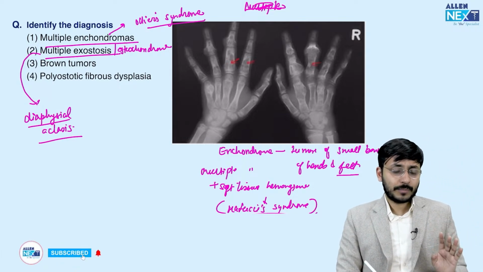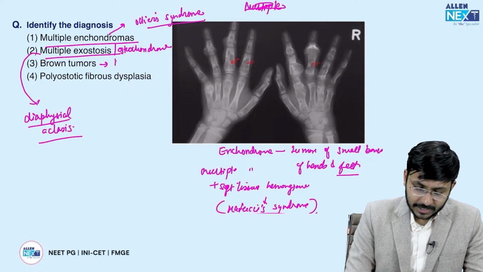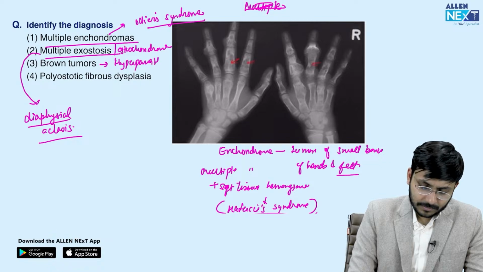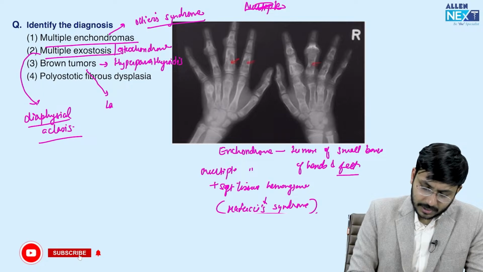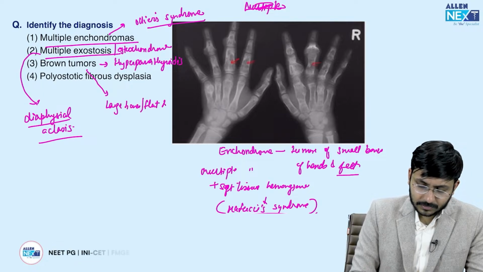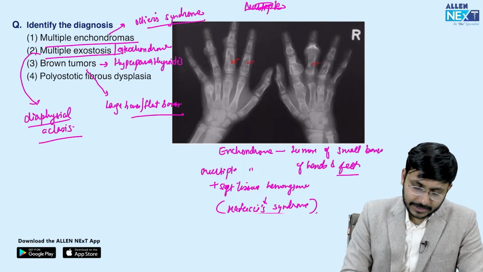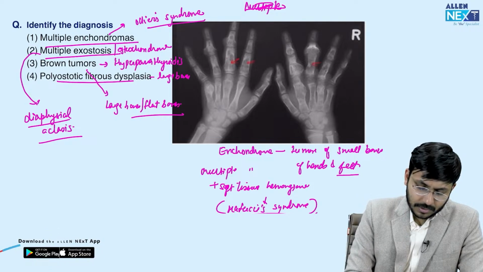Coming on to the third option, brown tumors. Now brown tumors are seen in which condition? They are seen in hyperparathyroidism, and again they involve the large bones or flat bones. Polyostotic fibrous dysplasia also affects the large bones or the skull bones.